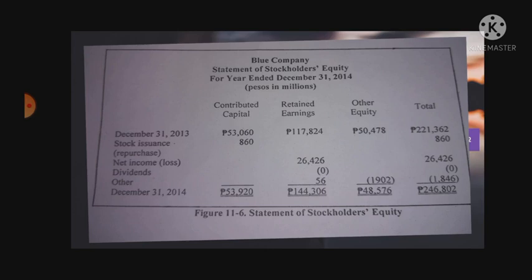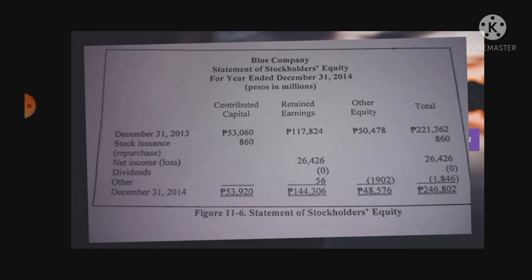Retained earnings represent cumulative balance of periodic earnings, dividend distributions, prior period errors, and the capital adjustments.